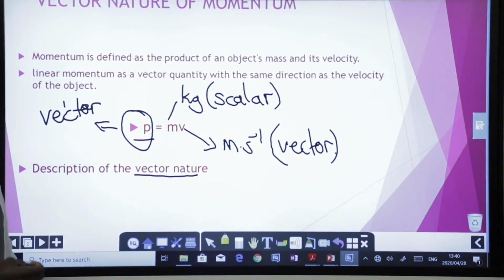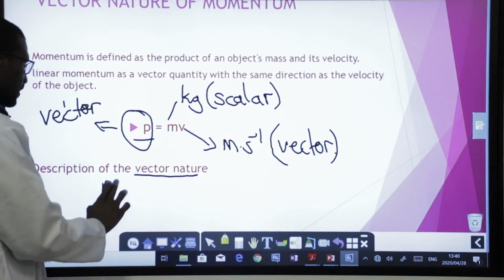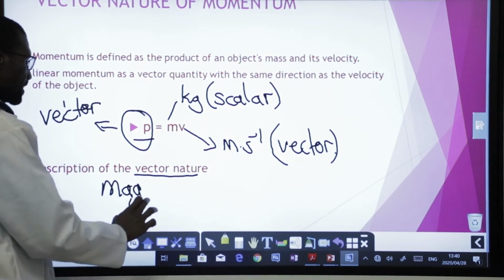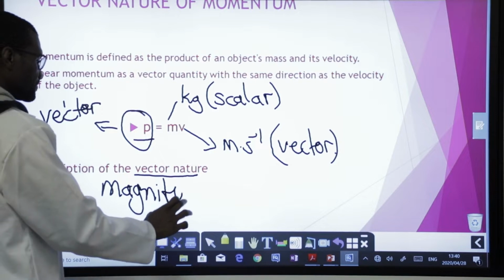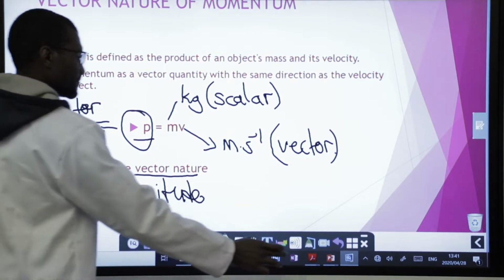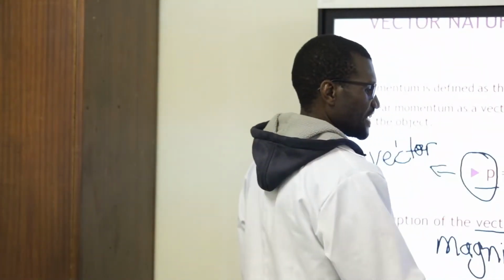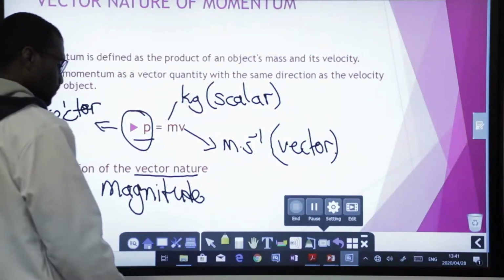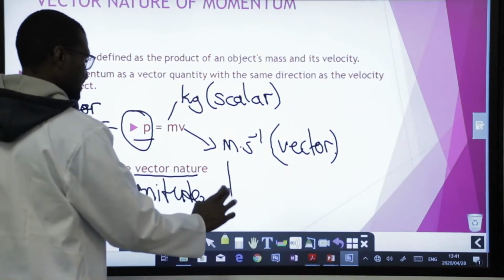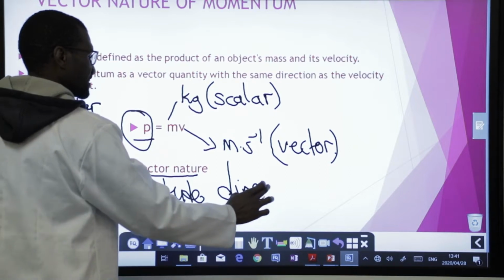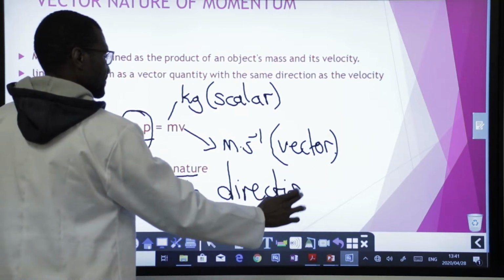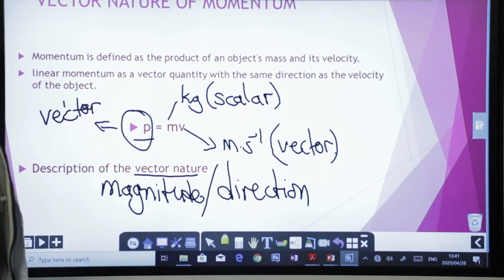The vector nature of a quantity is that a quantity will have magnitude as well as direction. That's what a vector is.